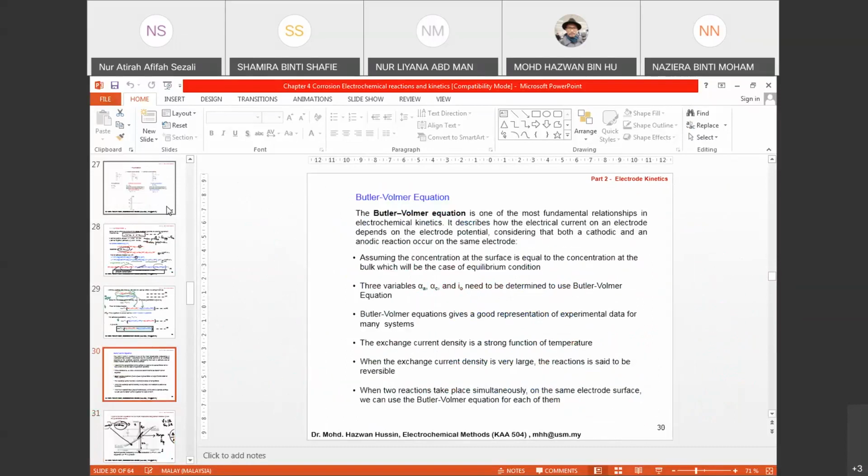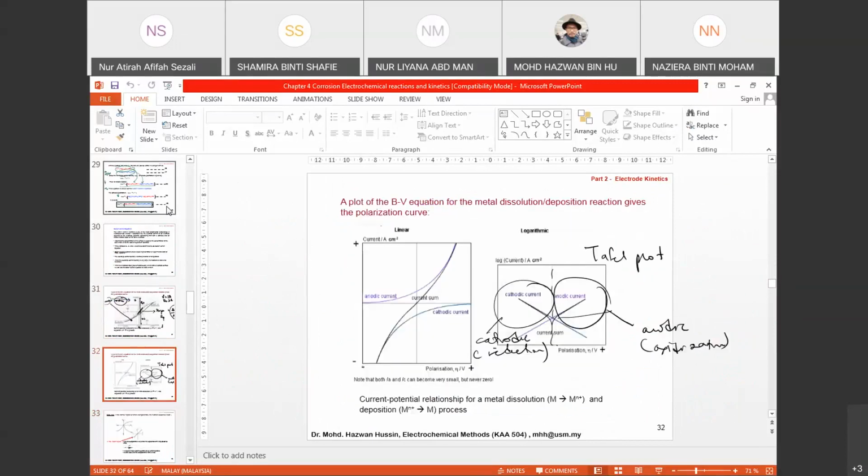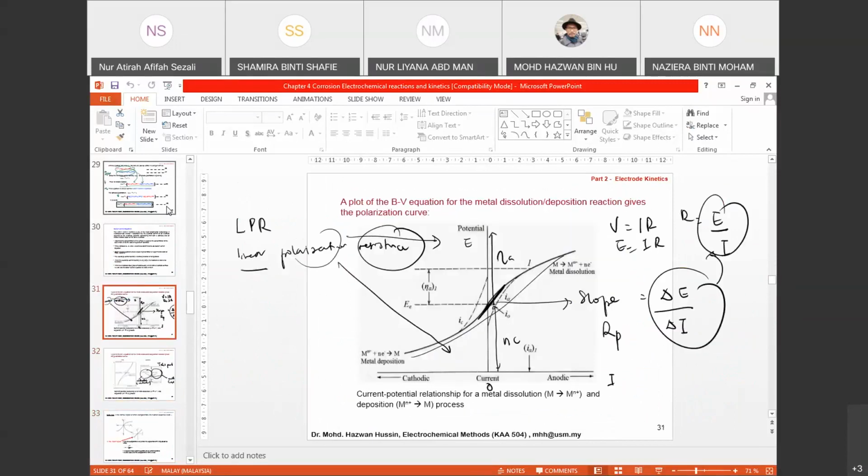So we also have looked at the Butler-Volmer equation, how we can get it. It's actually the combination of anodic current density and also cathodic current density. And we have also looked at the plot that you will get when you do polarization techniques. Of course, you will get this curve. It's known as a linear polarization curve.